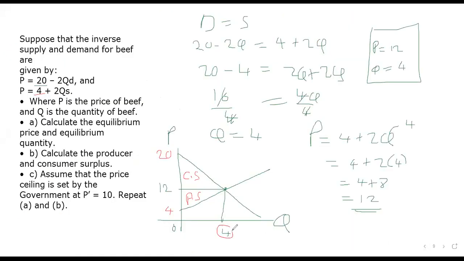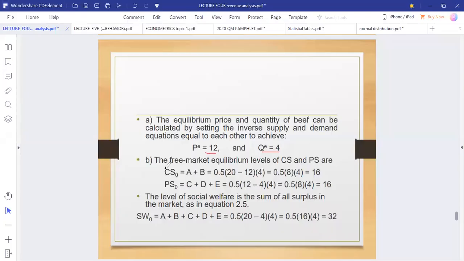Then we went further on to say, how did you find the consumer surplus and producer surplus? Did you find 16 and 16? Yes, we did. And the total surplus, which is called the level of social welfare, the sum of the two.